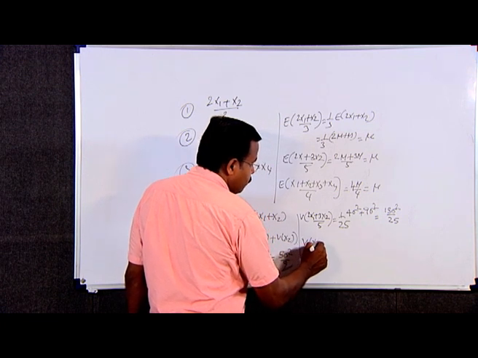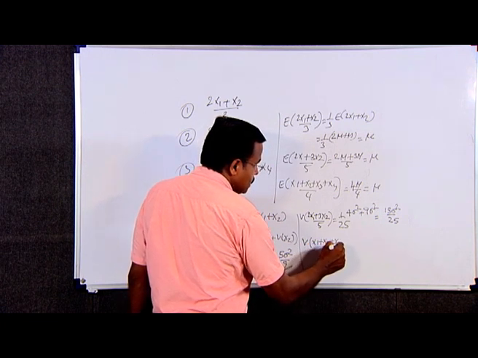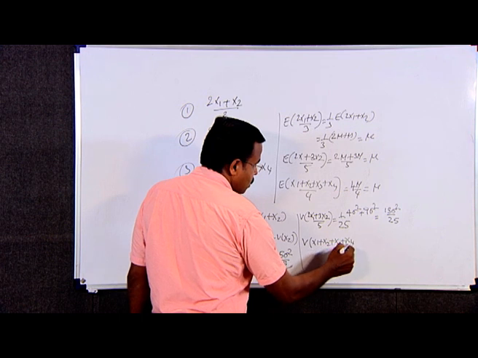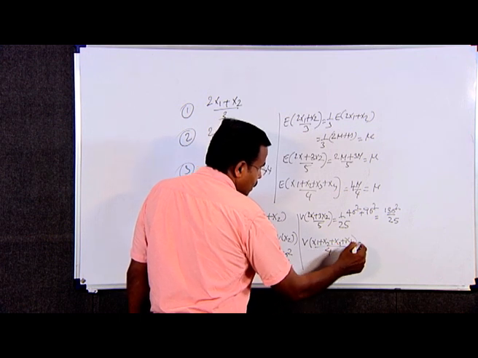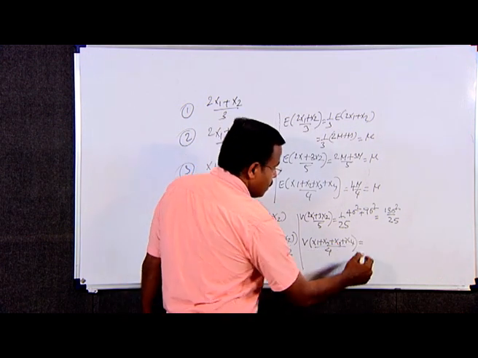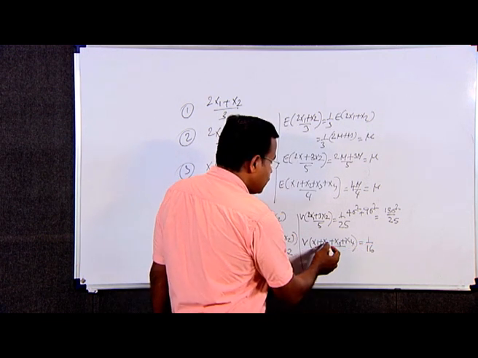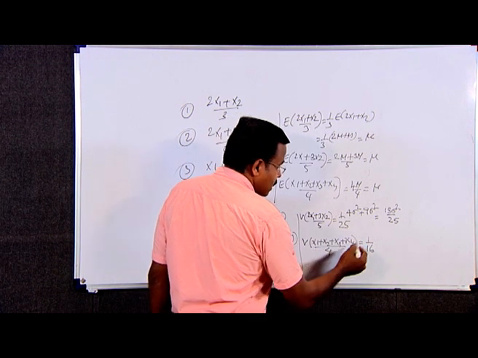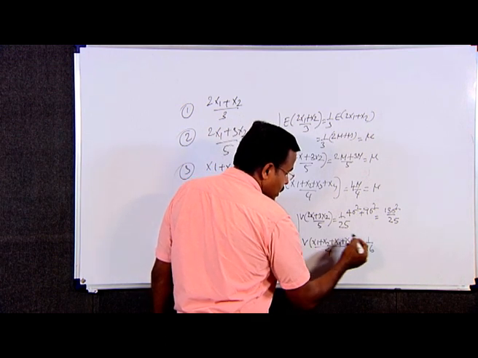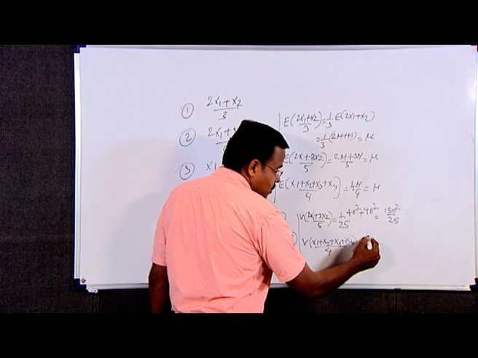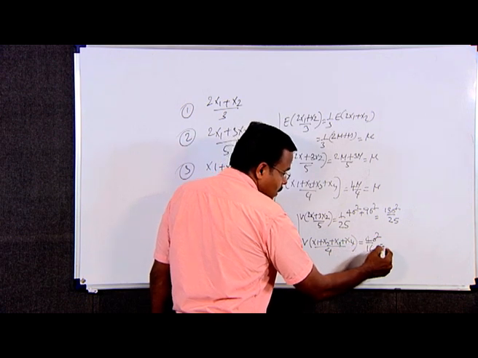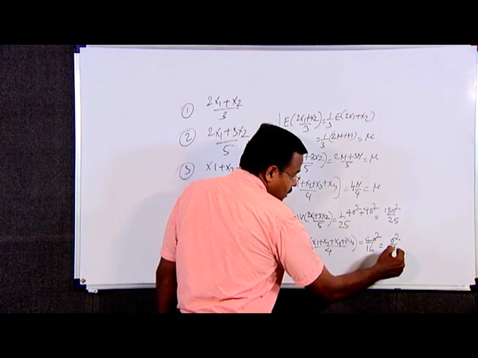And the variance of x1 plus x2 plus x3 plus x4 all divided by 4: here we are getting it as 1 by 16 into variance of x1 plus variance of x2 plus variance of x3 plus variance of x4, that is sigma square plus sigma square plus sigma square plus sigma square, that means 4 times sigma square, or sigma square divided by 4.